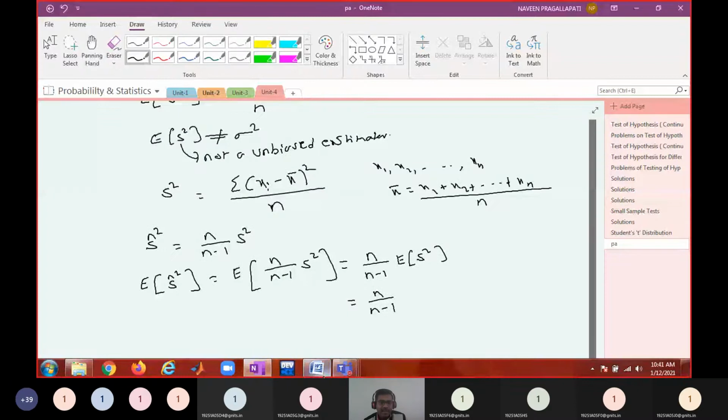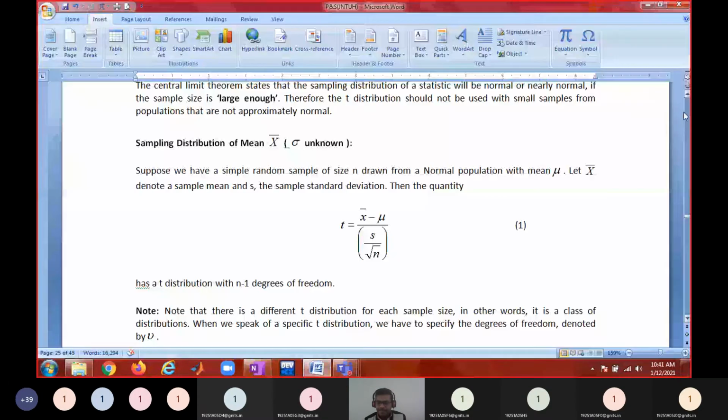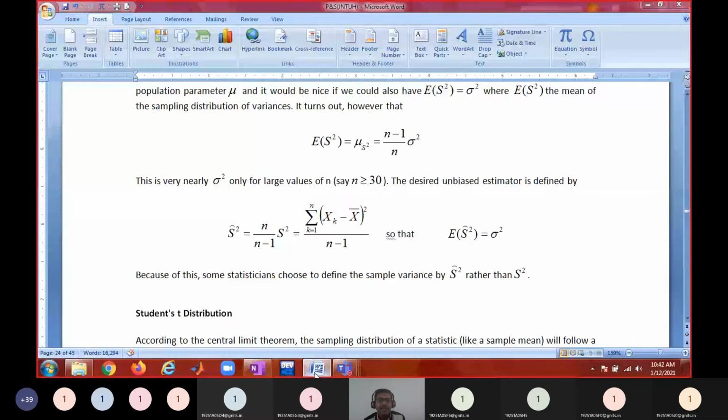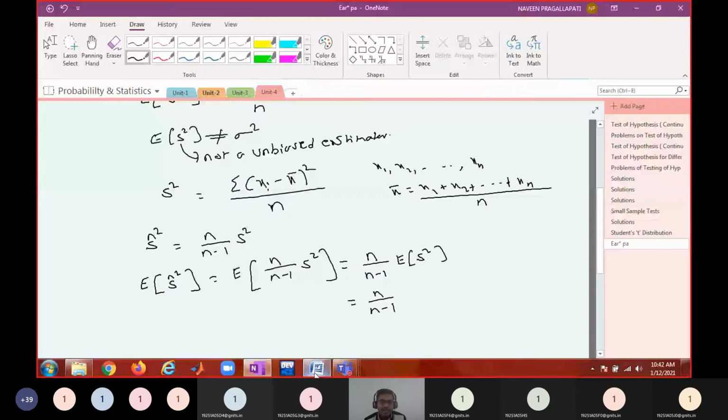Let me check once. Right, n minus 1 by n. So this is n minus 1 by n into sigma square. Now these two get cancelled, and you are getting sigma square.